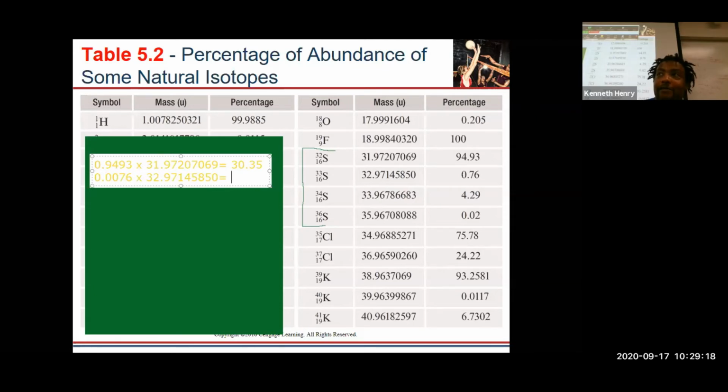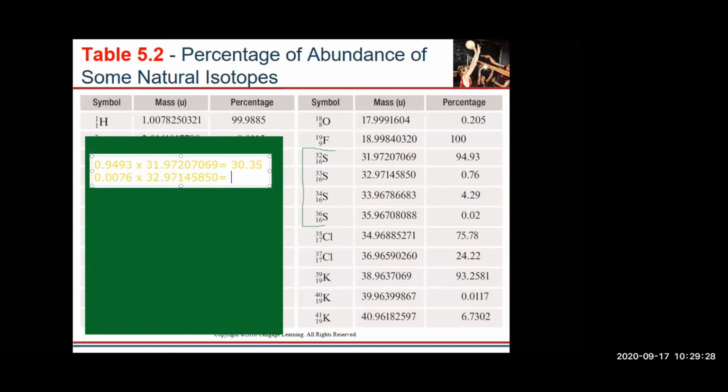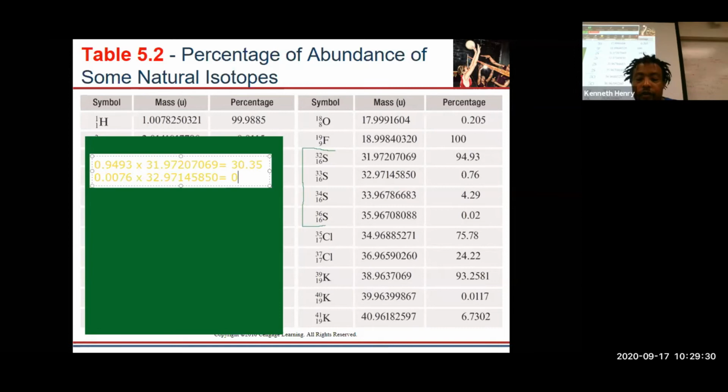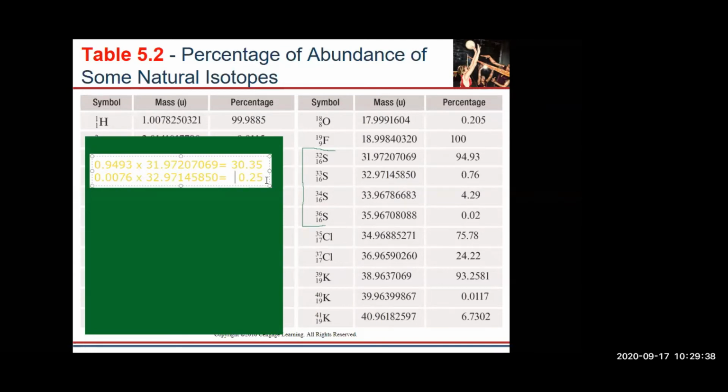Hold on, let me put it in myself. Then I'll tell you if I agree with you or disagree with you. I got 2.5. That's what I got. Yeah, that's what I got too. Okay.